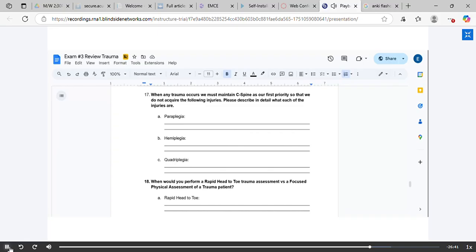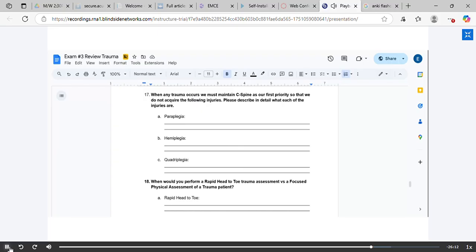So not only are we worried about when we're talking about cervical injuries and paralysis, we're also worried about breathing, heart rate, things like that. We'll talk about specifically if you have an injury at C3 or above, you lose the ability to breathe because that's where your phrenic nerve is located. Okay.